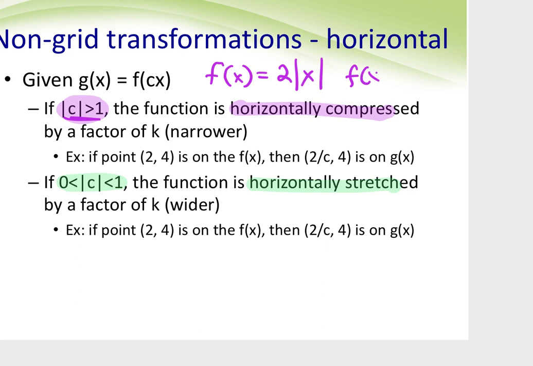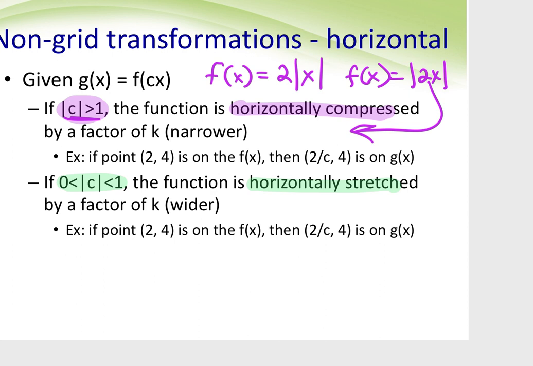If it says the absolute value of 2x, that's a horizontal compression. And so I would take my x value and divide it by 2. What that does is make it grow faster, because normally I'm at 2,4, but now I'm at 1,4. So it makes it taller quicker.